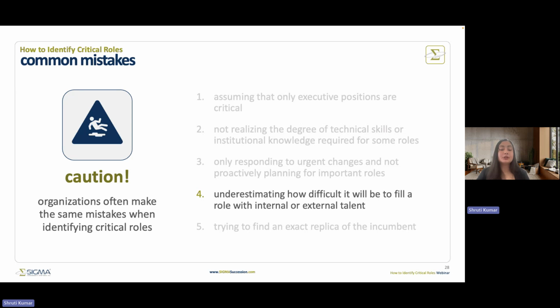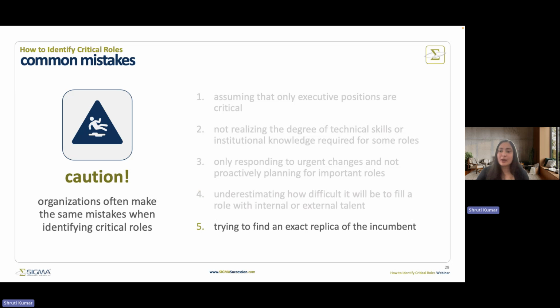How long would it take to prepare those individuals? If you need to hire externally, how many organizations are hiring for a similar position? And is your organization a competitive employer for candidates? How difficult would it be to hire and onboard those external candidates? So, spending the time thinking through these questions will greatly benefit you in the long run.